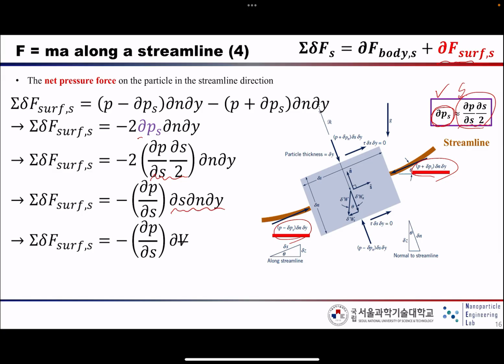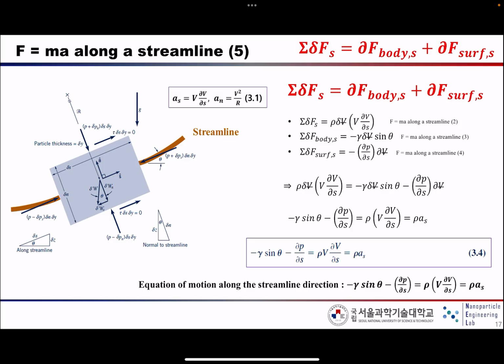These last three terms represent the volume, and the surface force in a streamline can be written like this. If we combine these three terms and plug in each term, you can derive this result.